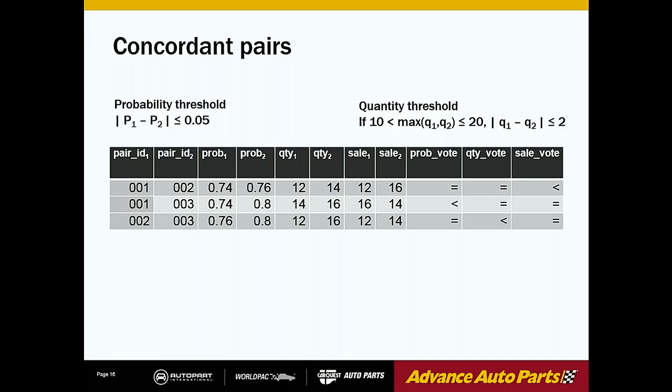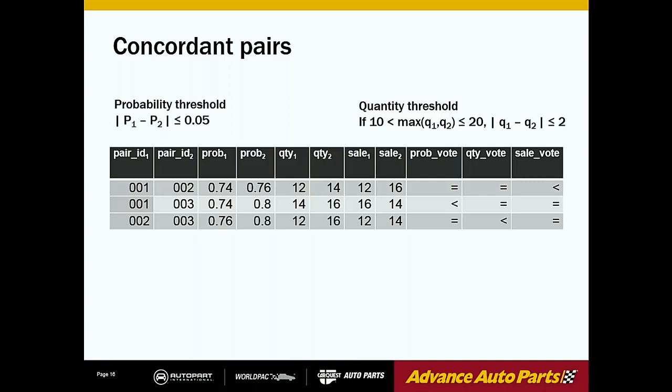For peer 1, the first probability is 0.74 and the second is 0.76. Since the difference between them is smaller than our threshold, the probability vote is equal. They're pretty close, so we say they're the same. Quantity is 12 for the first one and 14 for the second. Again, that's within our threshold, so we say that's the same.